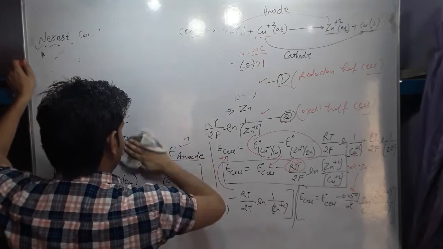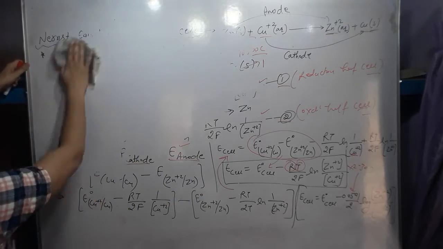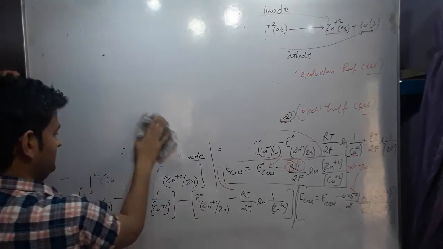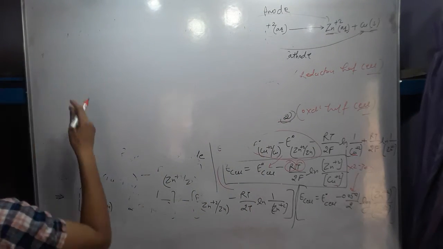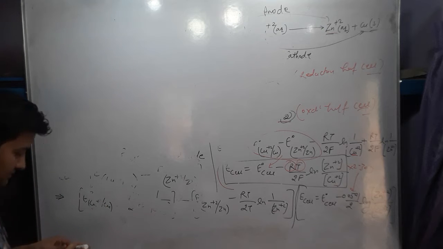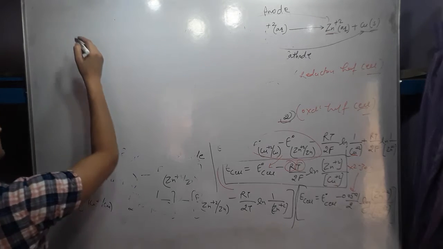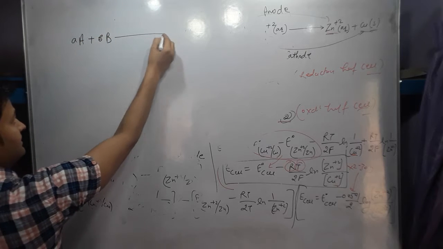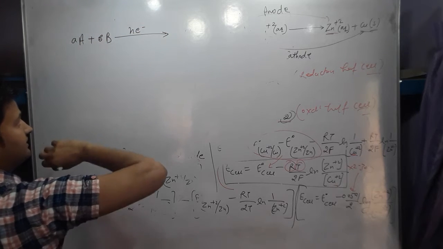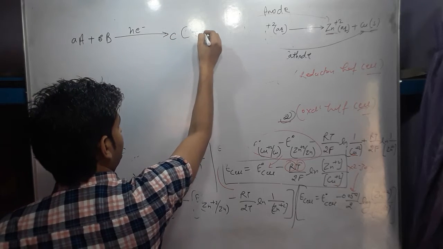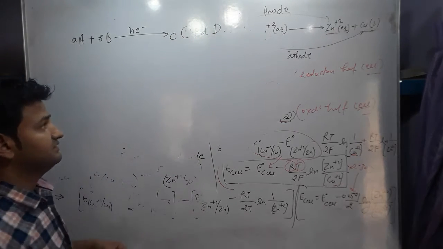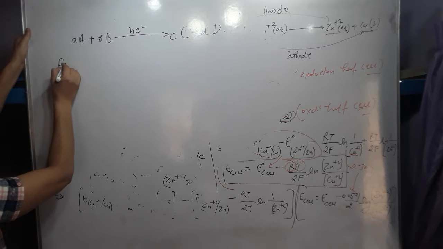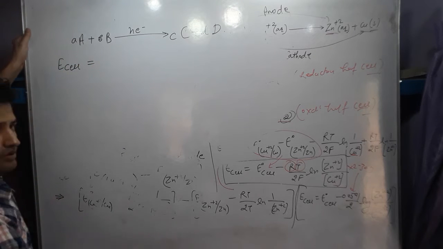Now we consider a general equation and try to write the Nernst equation for it. Let us consider a general equation: small a A plus small b B, if n electrons are involved in this reaction, gives small c C plus small d D. This is the electrochemical cell. Then we have to write the EMF for this cell.